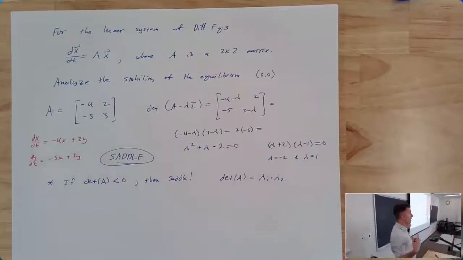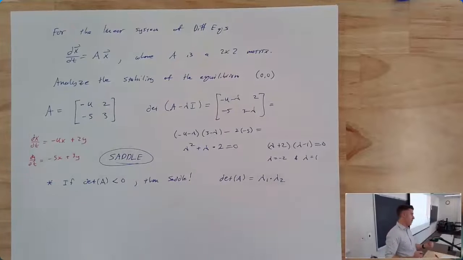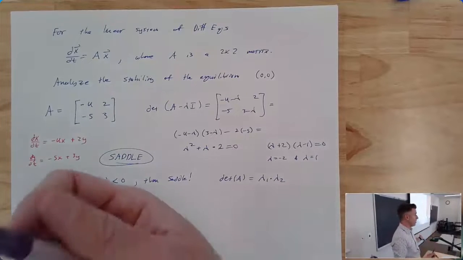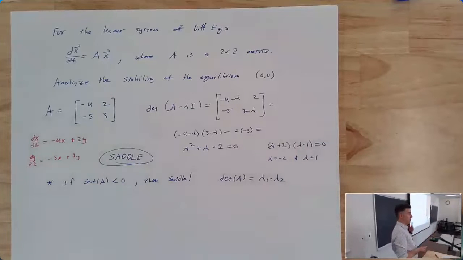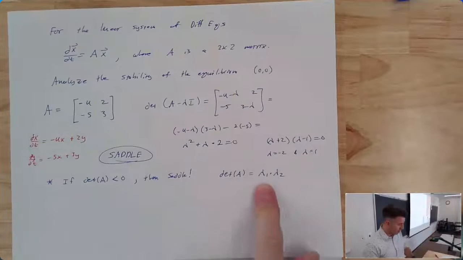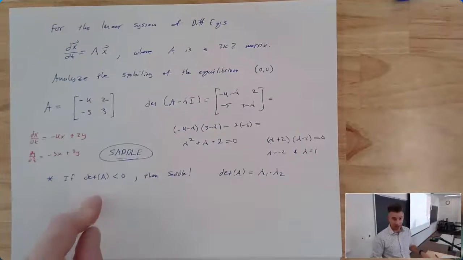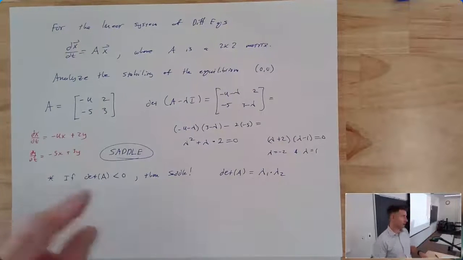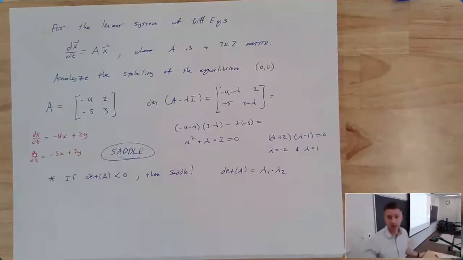In any other situation, it's going to be positive. If they're both positive, or both negative, the product is positive. And later on, we'll see that even when they're imaginary, their product also has to be positive, which is kind of cool. So the only way you get a negative product is when you have a saddle. And the only way you get a saddle is when you have a negative product, because that's when the determinant is negative. There's more to this, which we'll talk about.